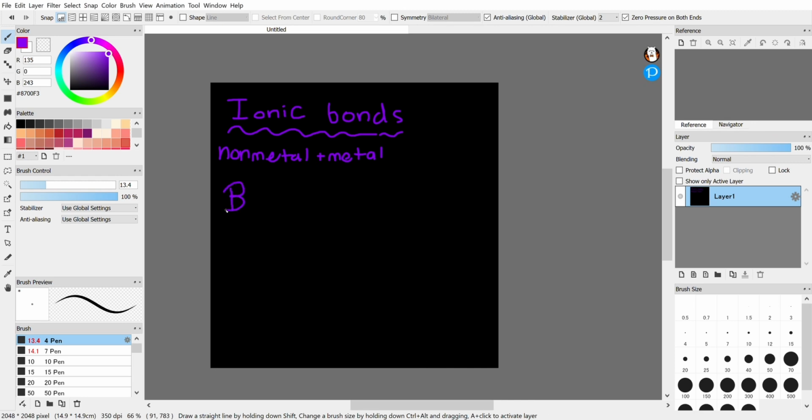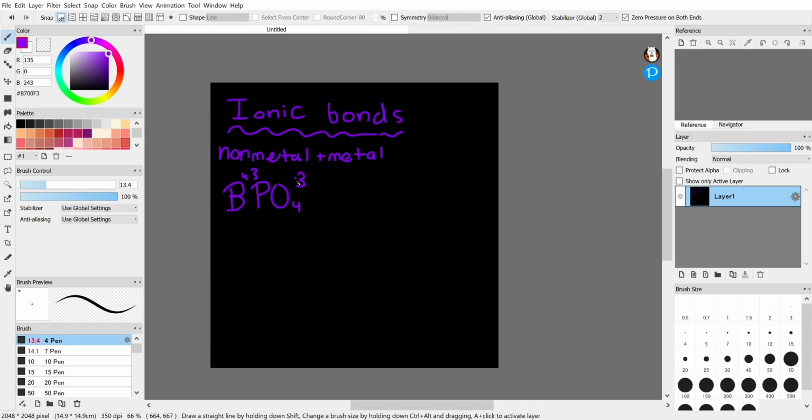So we got boron, and then we're going to have phosphate, which is PO4. It has a charge of -3. Boron has a charge of +3, and you have a charge of -3.